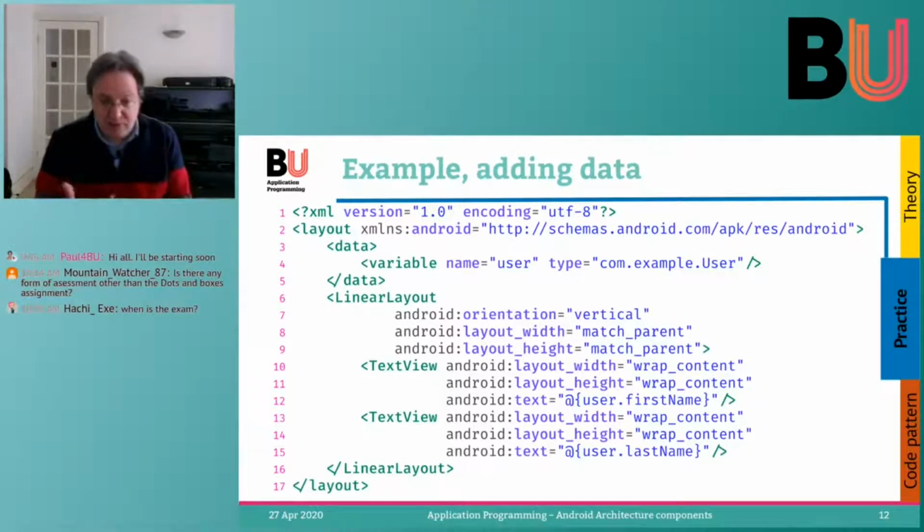And that makes your code in a way much cleaner, because in your code you don't need to think about how do I set this value, or how do I handle it if this changes, etc. In our layout, we basically say, this is what it needs to display.